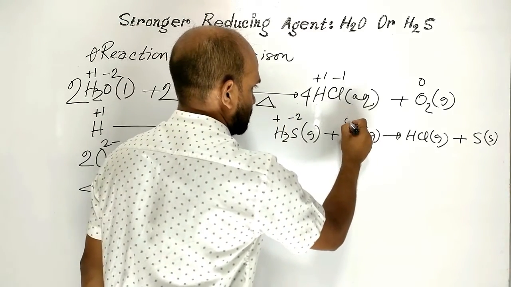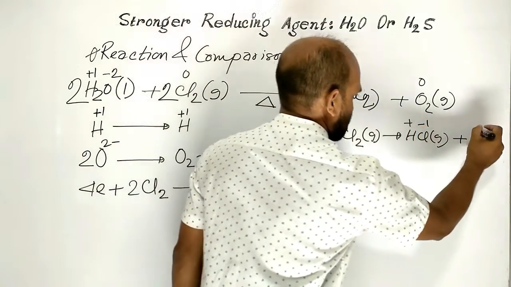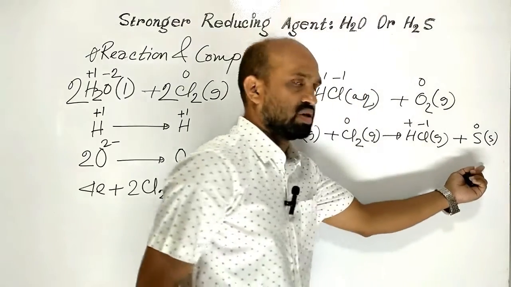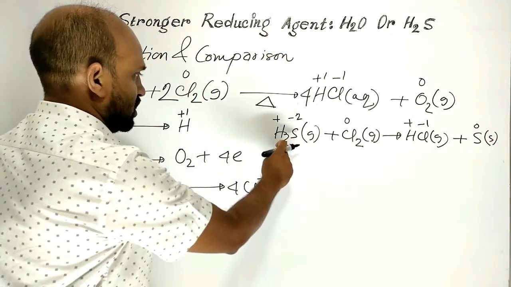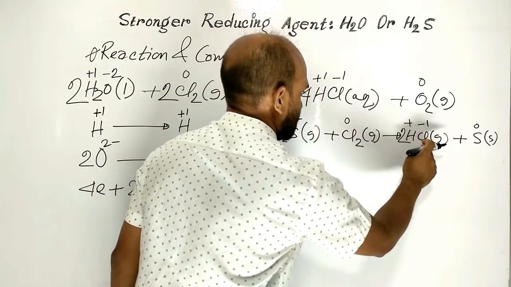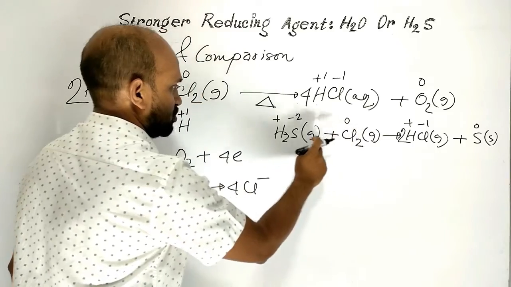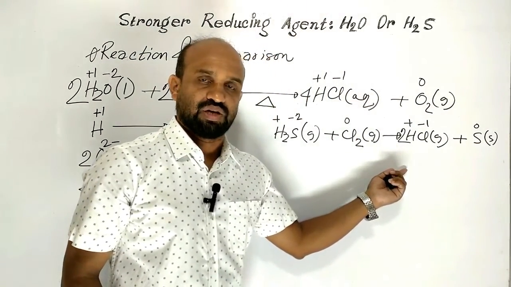Oxidation number of chlorine is 0. Here +1, here -1. Oxidation number of sulfur is 0. Let's balance the reaction. 2 hydrogen atoms, here 1. So this is 2 chlorine atoms, 2 chlorine atoms, 1 sulfur, 1 sulfur. Now the reaction is balanced.